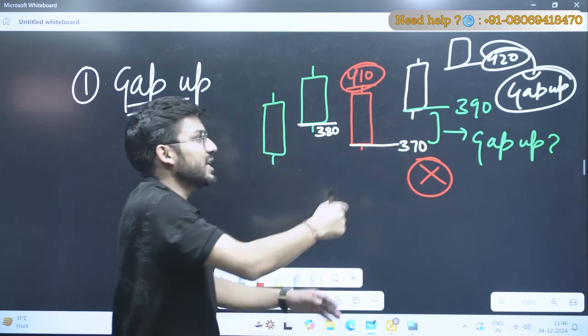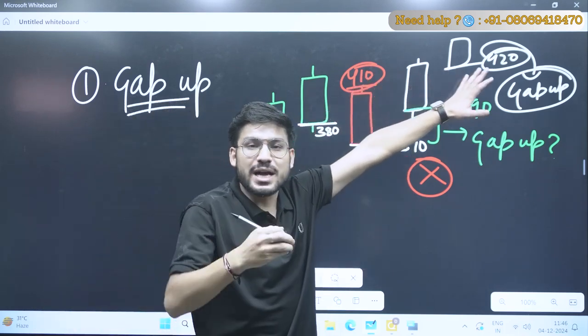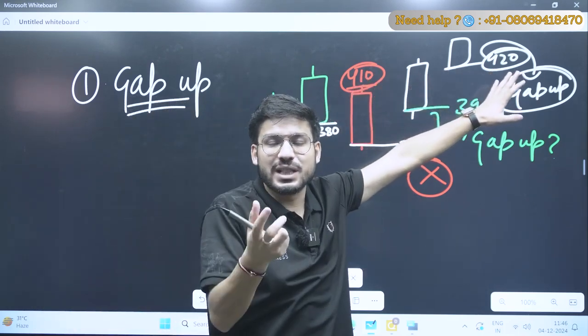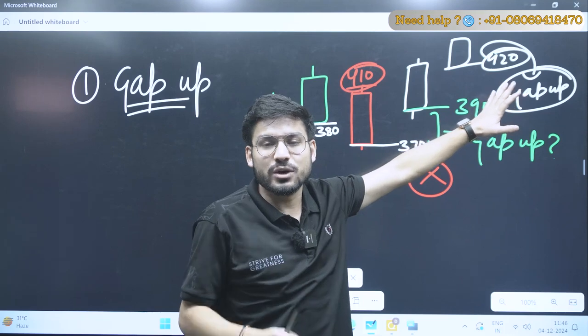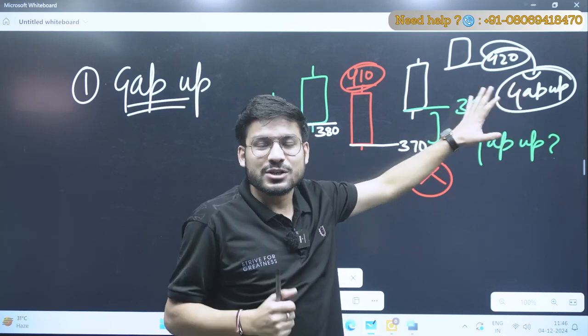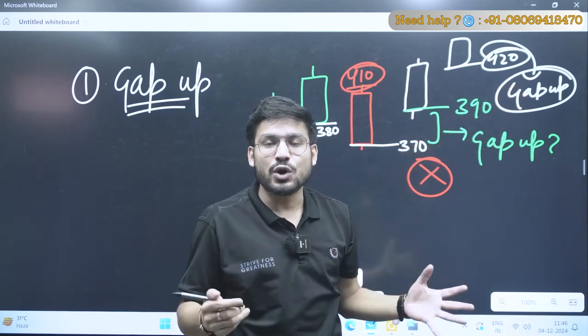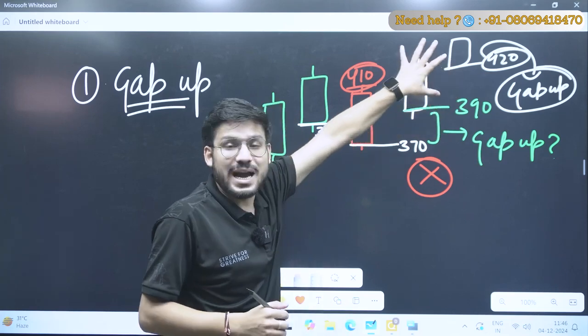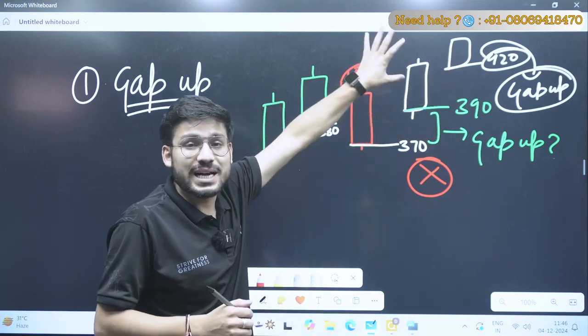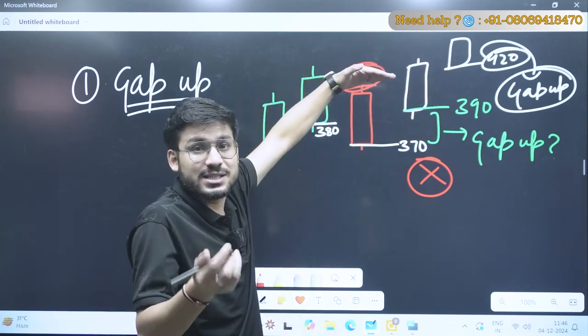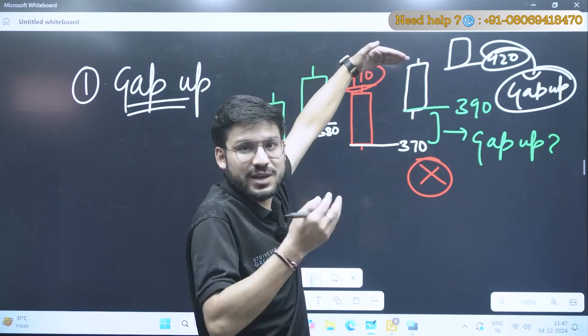Whenever there is a gap up, only then my market retraces back to fill that gap, and that is what you know as gap filling. The gap filling works flawlessly whenever there is a proper gap up in the market, when the next day candle starts above the previous day high.